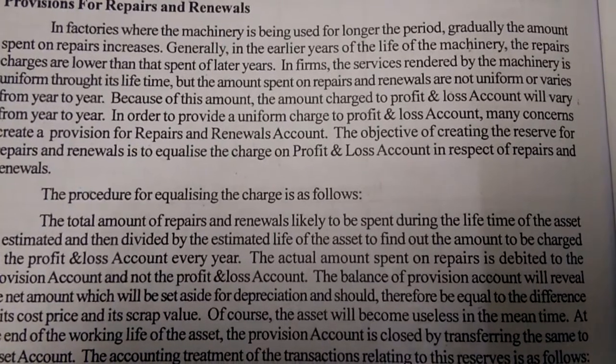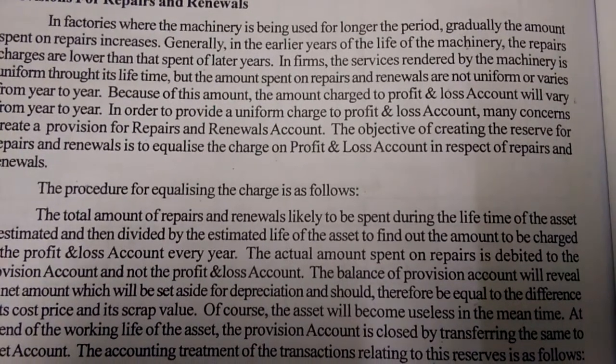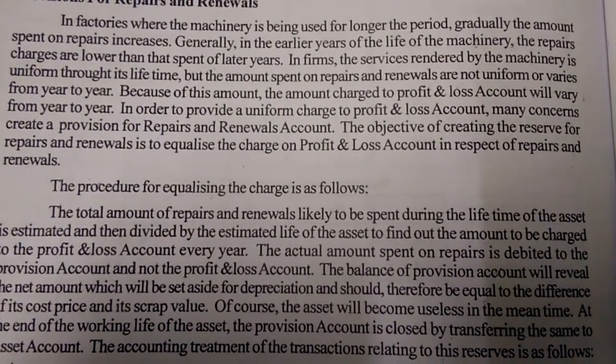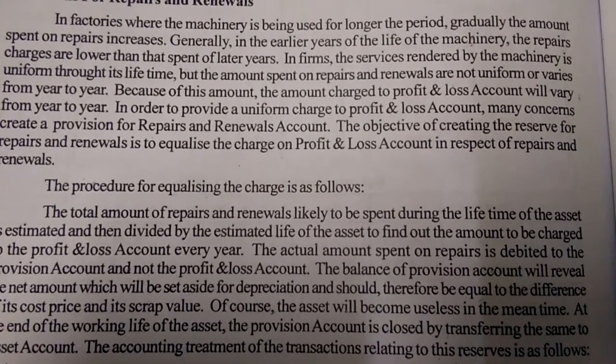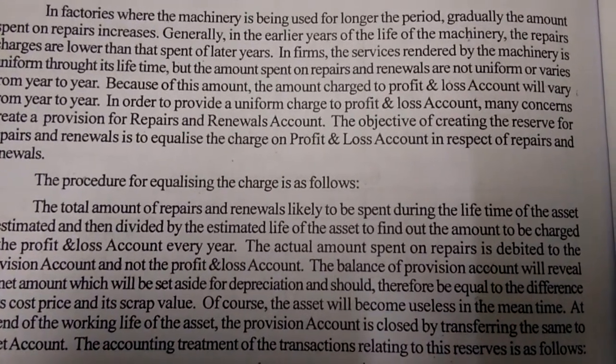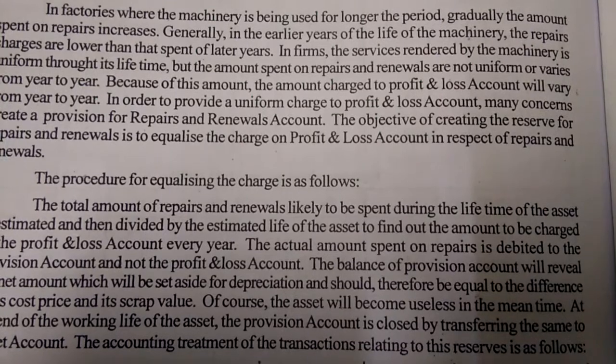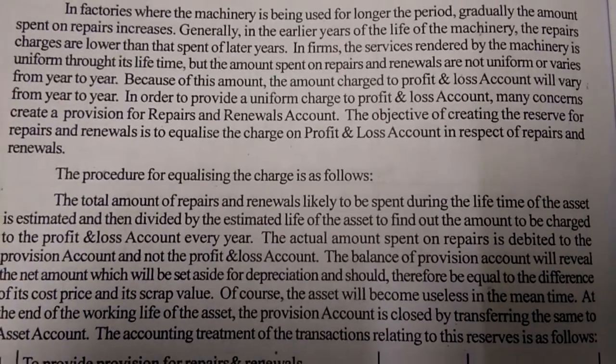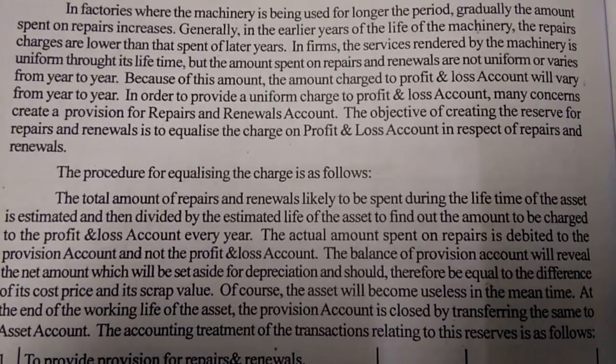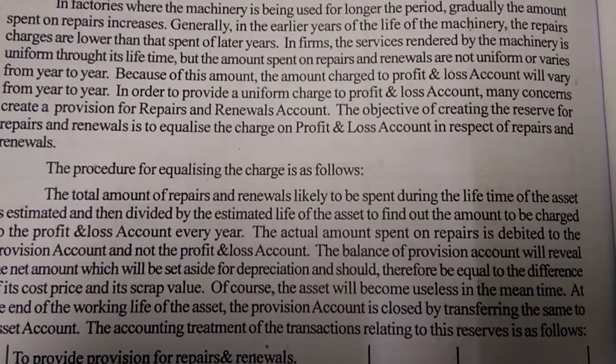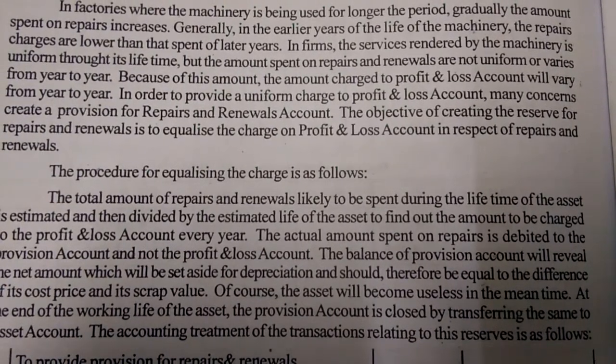In order to provide a uniform charge to profit and loss account, many concerns create a provision for repairs and renewals account. The object of creating the reserve for repairs and renewals is to equalize the charge on profit and loss account in respect of repairs and renewals.